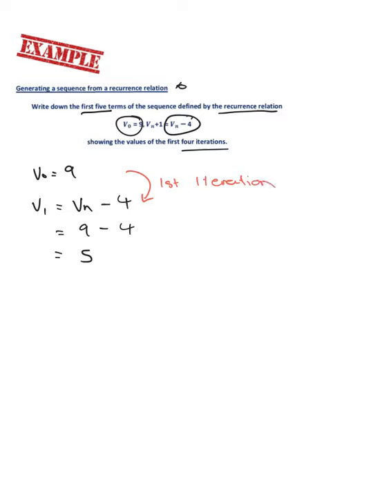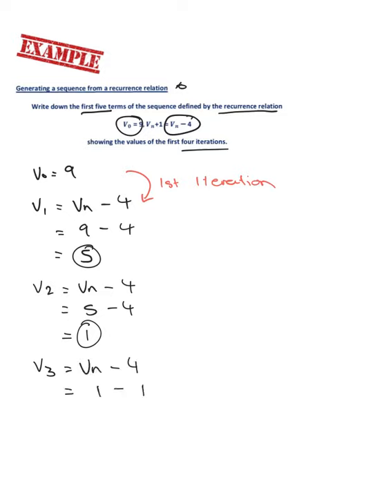Let's find V2. V2 is equal to our current term minus 4. Current term is 5 minus 4, we're going to get 1. V3 is equal to our current term, which was 1, minus 4, we get negative 3.